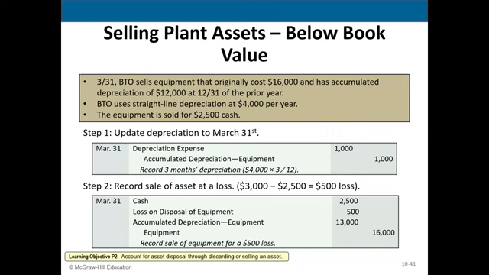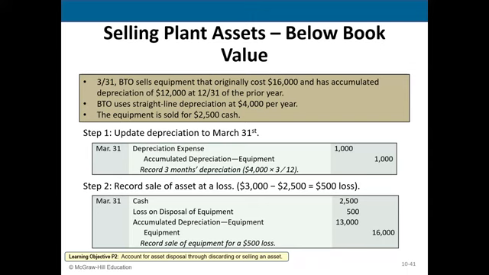Same thing. We have to debit depreciation expense, credit accumulated depreciation for the 3 months because we sold it on March 31. We debit cash, 2,500. That's the amount of cash we collected from the sale. We debit the account called loss on the disposal of equipment because we sold it below its book value. In this case, $500.